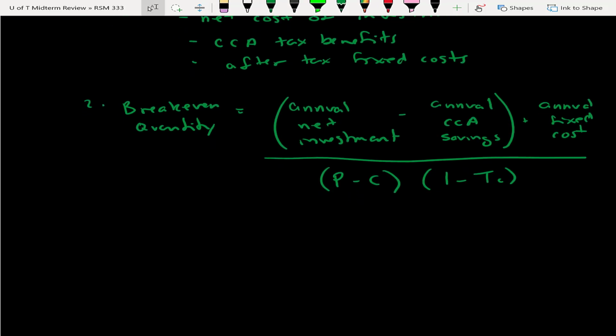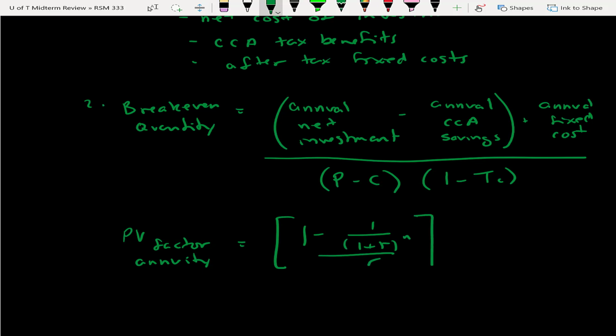So let's convert everything to an annuity. To make life easy, I'm going to write the PV of an annuity factor, which is 1 minus 1 over (1 plus r) to the n, all over r.